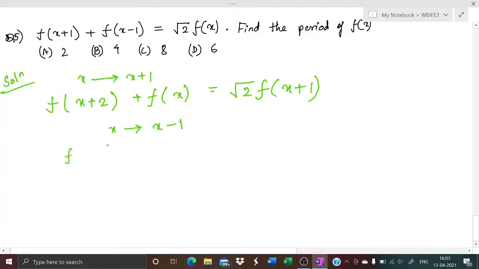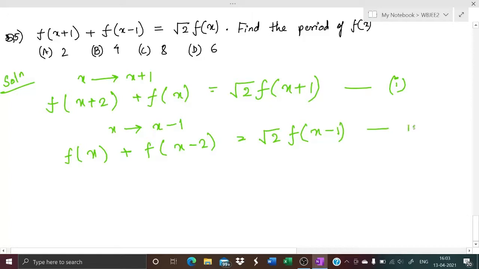So this would be equation 2: f of x minus 2 plus f of x equals under root f of x minus 1. So why am I doing this? Now see, I will add 1 and 2.